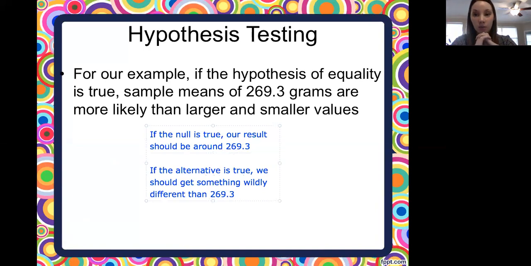So that's how this would work in this example. If the null hypothesis is true, our data or our results are going to be around this number. If our alternative is true, or in other words, if our null is false, we should get something wildly different than 269.3. So that's how that works.